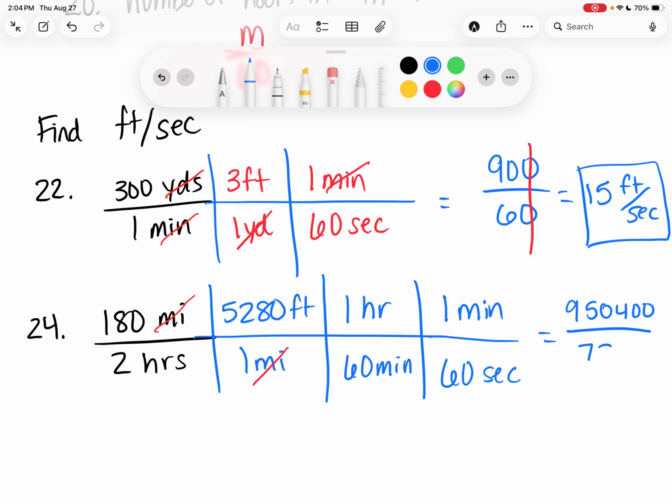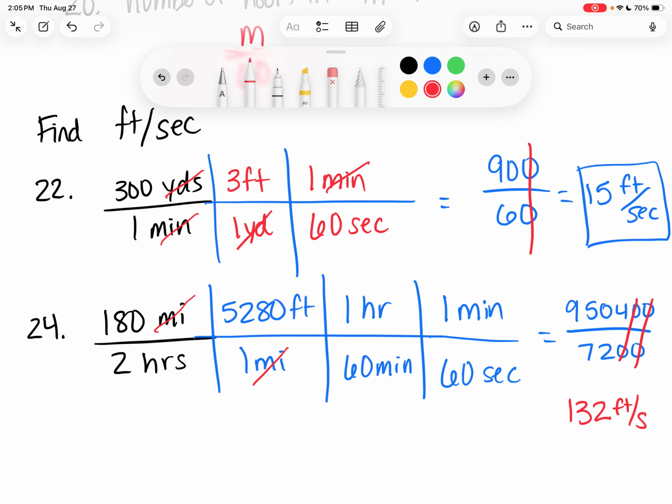I'm going to do my fancy little cancel out the zeros trick. If there's multiple zeros at the end, you can cancel them out. So now I have 9,504 divided by 72. And that gives me 132 feet per second.